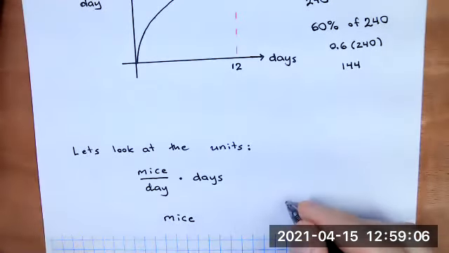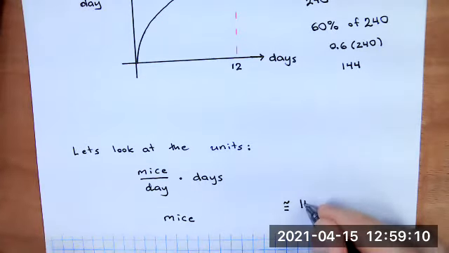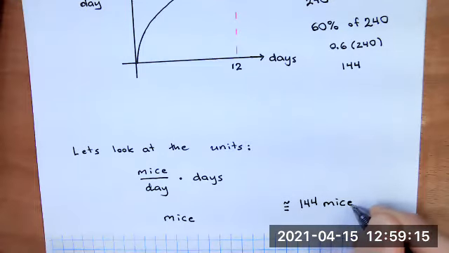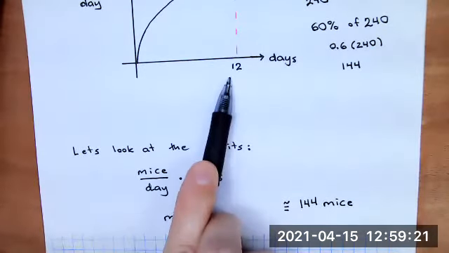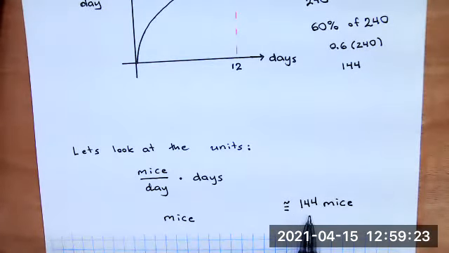So our estimate is, and I'm going to use approximately equal, 144 mice. So we would say from day 0 to day 12, 144 mice moved into the basement.